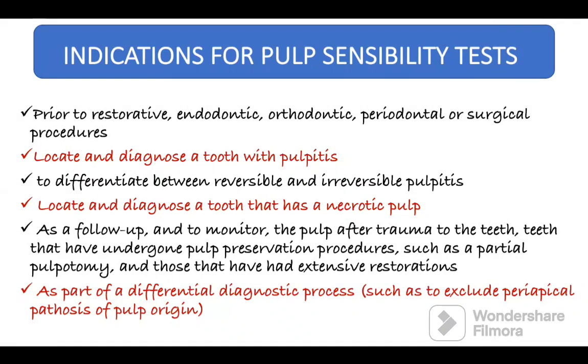The pulp sensibility test can also help in differentiating between reversible and irreversible pulpitis. They can help in diagnosing a tooth that has a necrotic pulp. They can be used to follow up trauma cases and partial pulpotomy cases, and as a part of the differential diagnostic process to exclude periapical lesions of pulp origin.